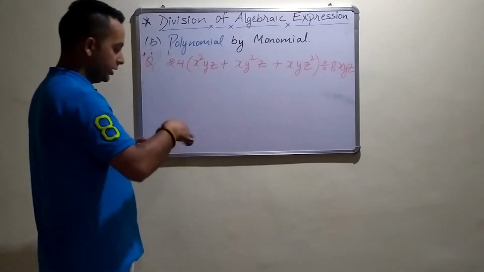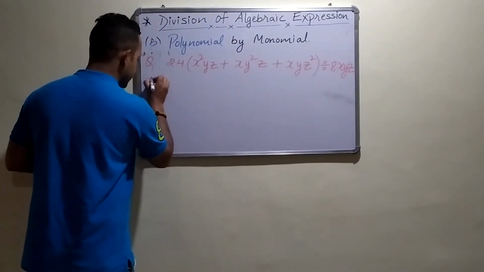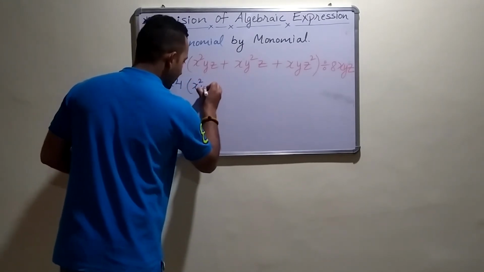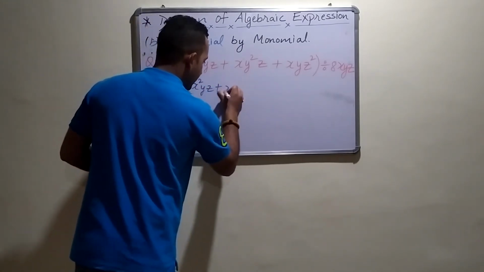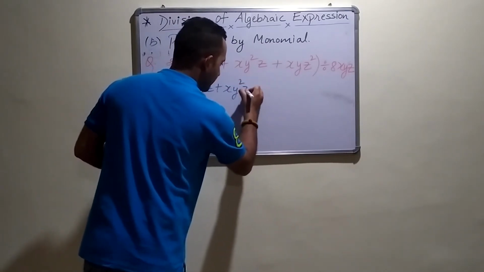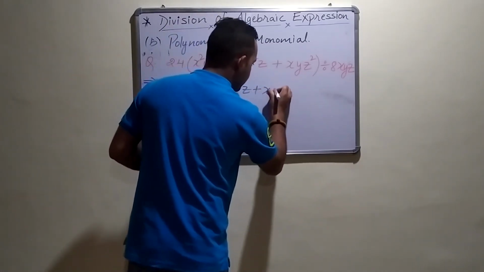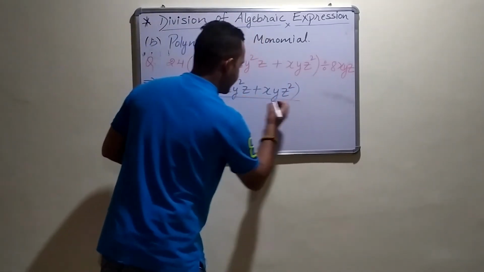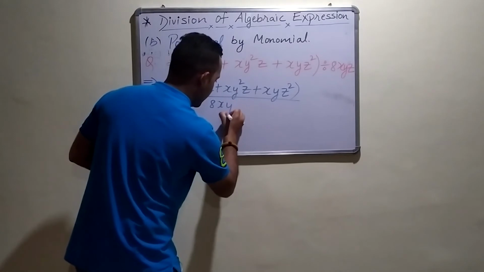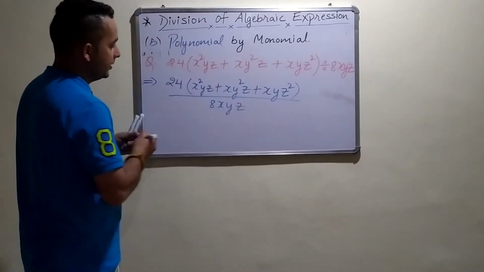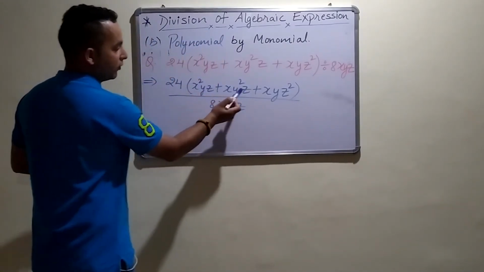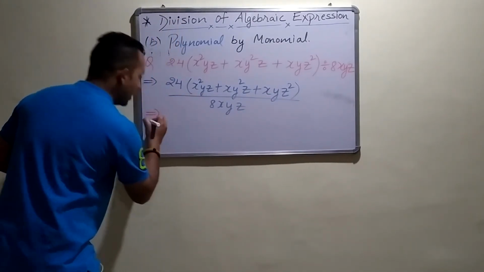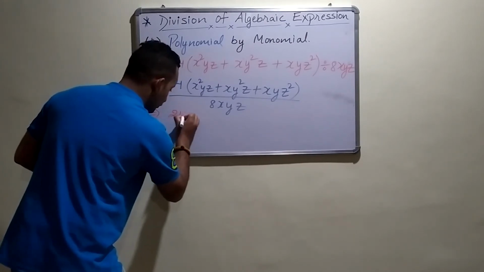Okay class, now again I'm going to factorize this. Here the common is xyz, xyz is common everywhere. So I'll take common as outside.